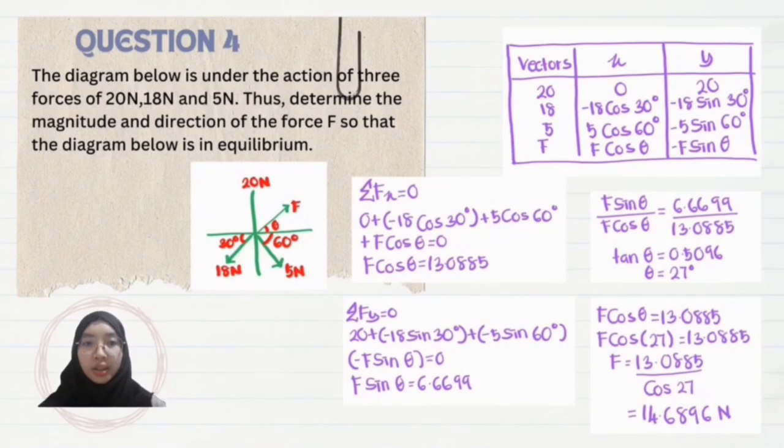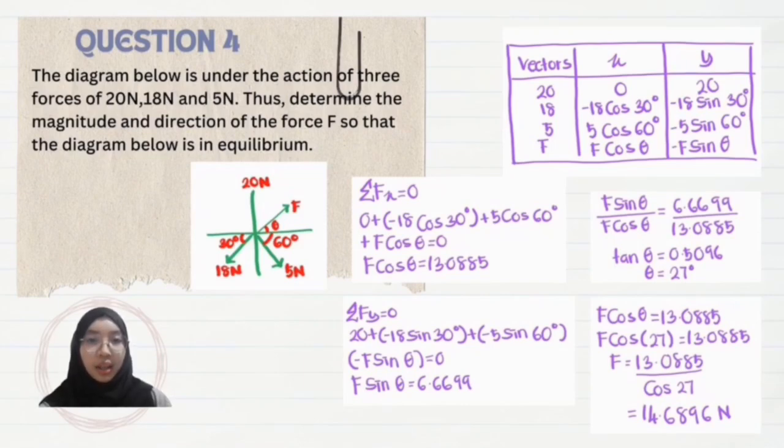Therefore, F cos theta equal to 13.0885.